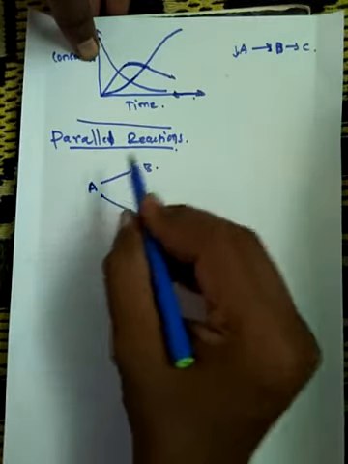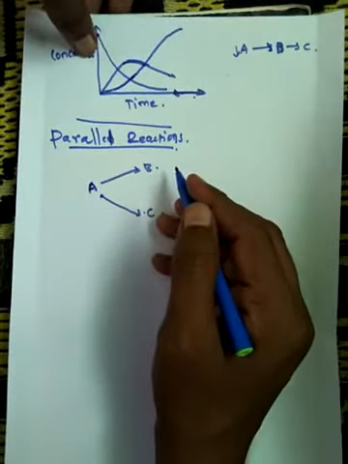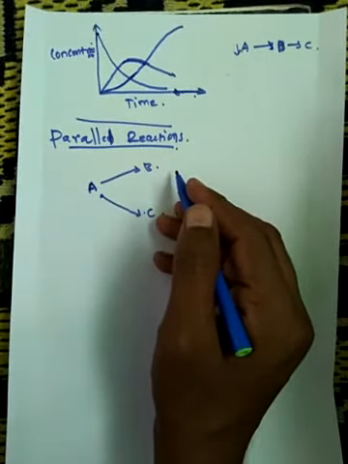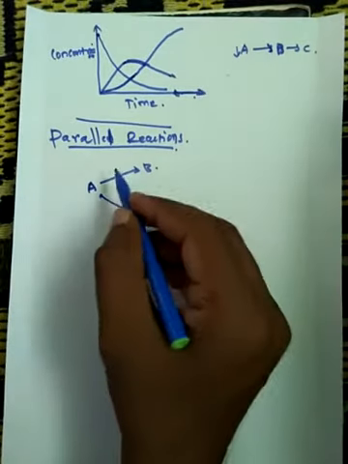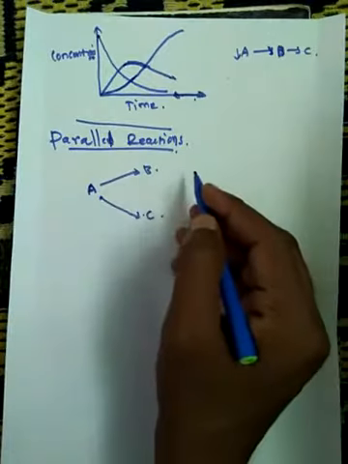So A is converted into B as well as A is converted into C. That is, in more than one way this reactant reacts to give product.